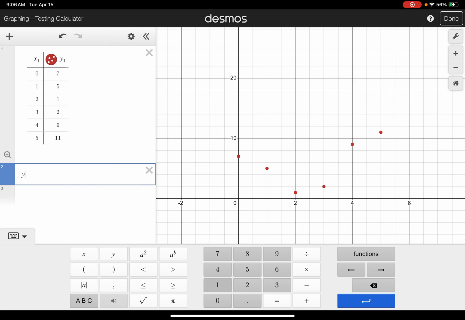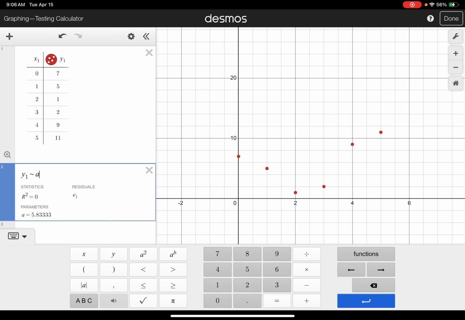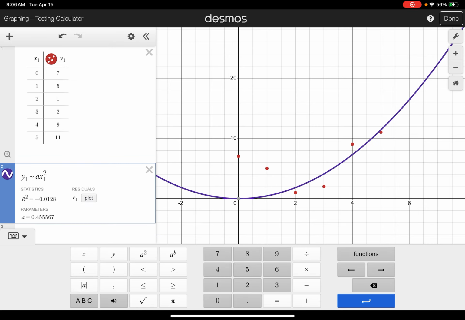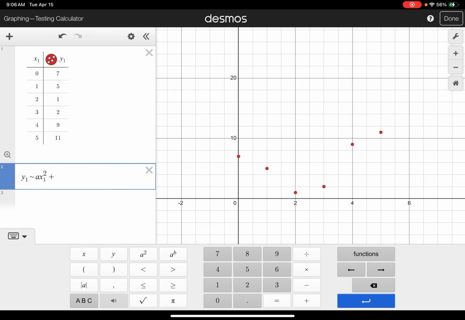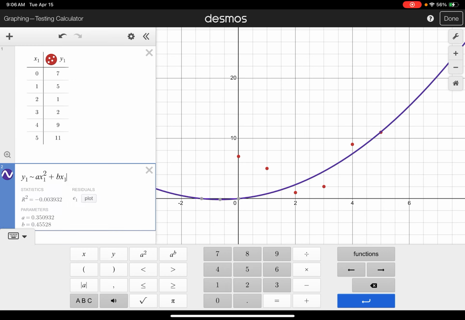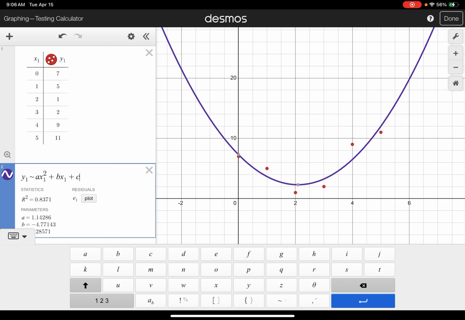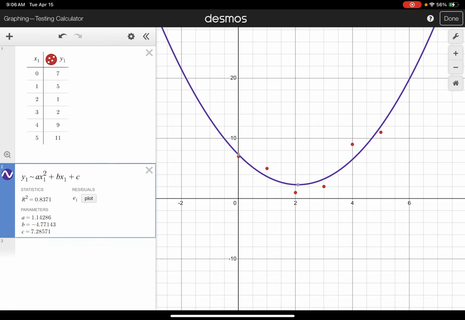So here we go. y1 is approximately a x sub 1 squared plus b x sub 1 plus c. There you go. You want to double check to make sure that the quadratic they're giving you looks reasonable, as far as following that curve. Okay, I'll lower that down.